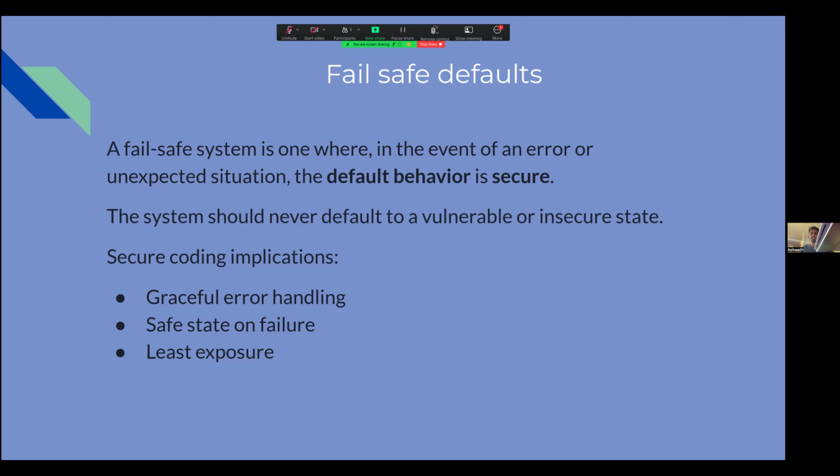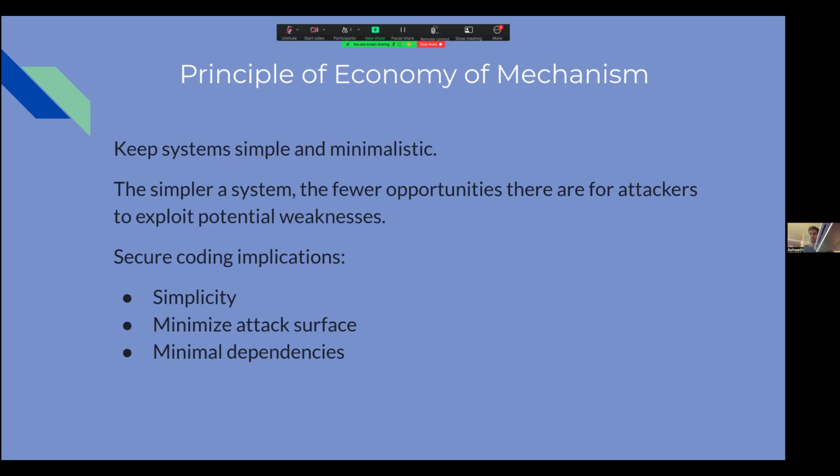So that's the fail-safe default principle. Again, these concepts are very similar to the ones used in cryptography. We're just using them in a different context.